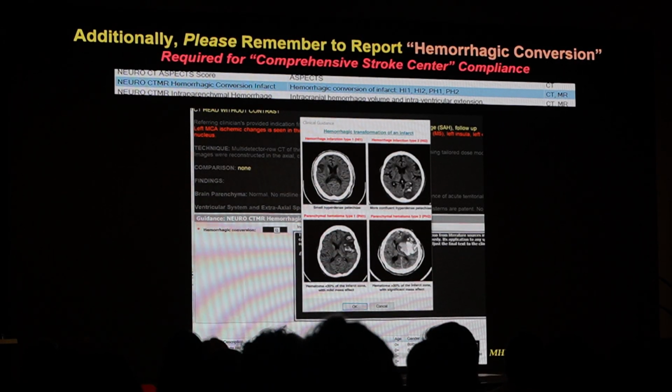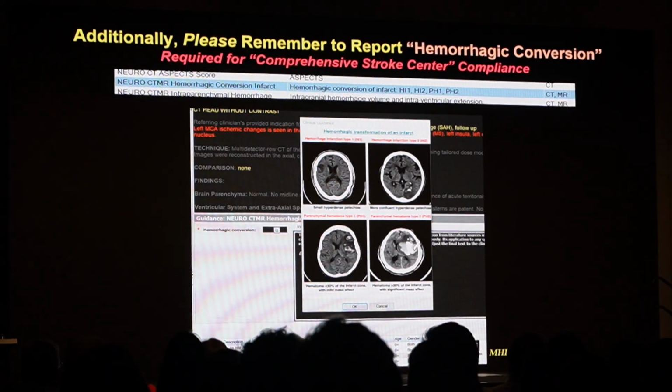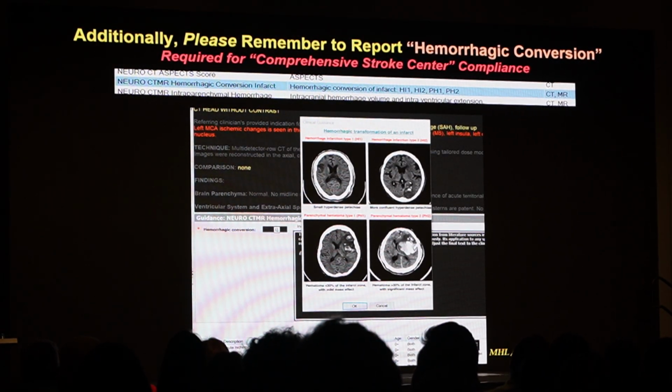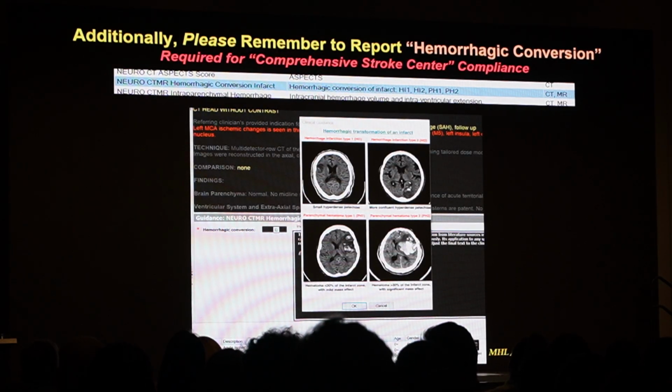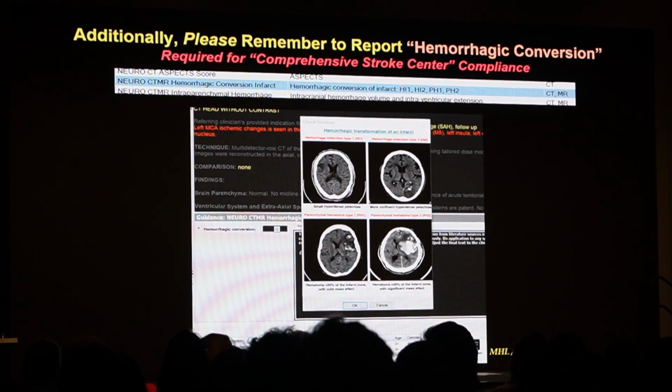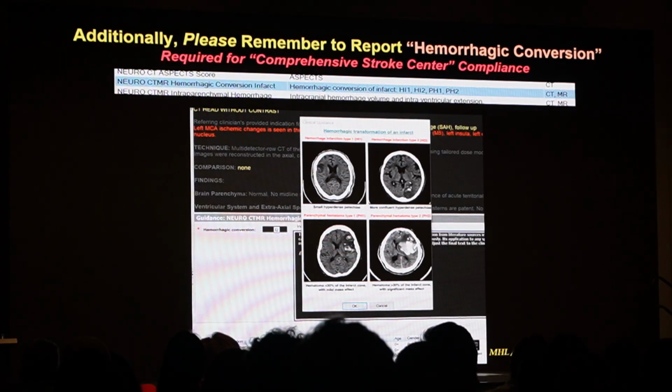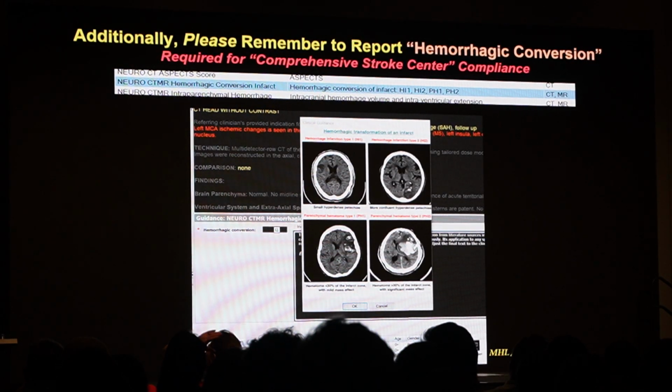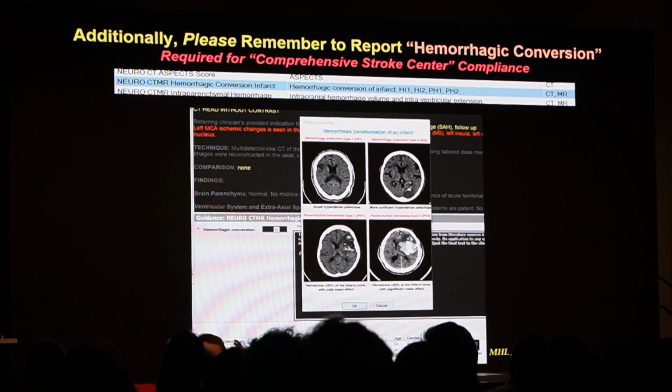Okay? And also remember, at least for us in the US, there's a lot of regulation. There is a lot of approval of stroke centers. Like here in Santiago, there's only a handful of stroke centers that can do endovascular thrombectomy. But in the US, it's very tightly regulated, and you get graded by the hospital accreditation.